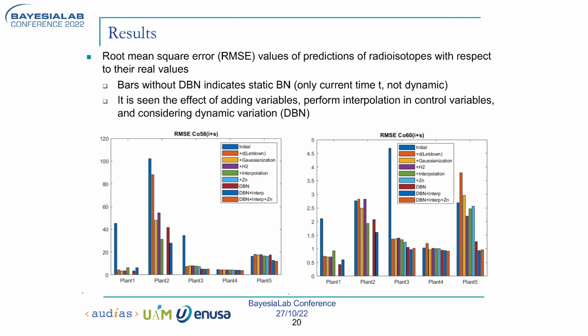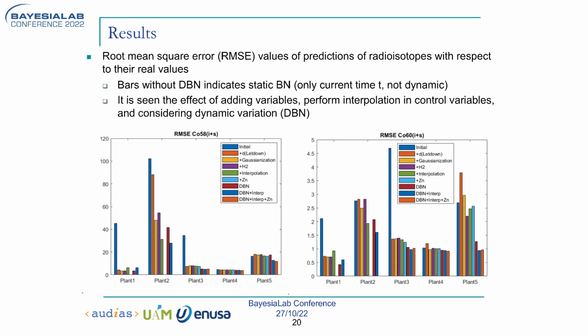And we can see how introducing different new variables, from the initial state of one network that was basically a very basic one, and then introducing dynamic information, which is the DBN part, decreases the error. In some ways, this error is decreased because of the use of Gaussianization.